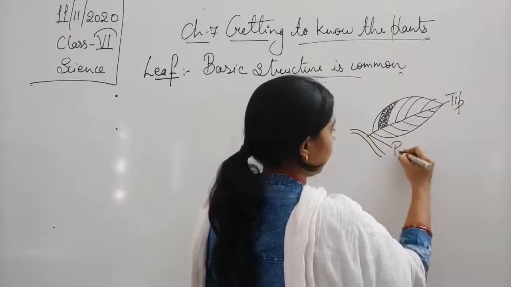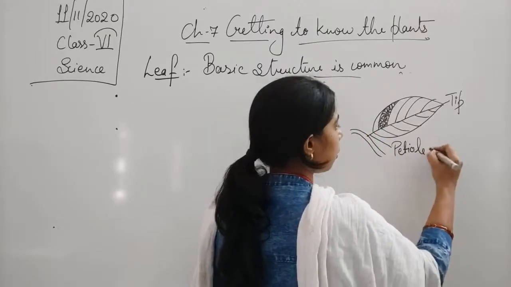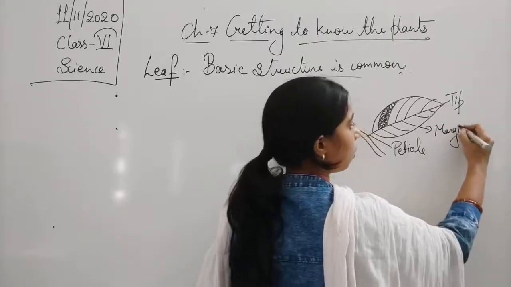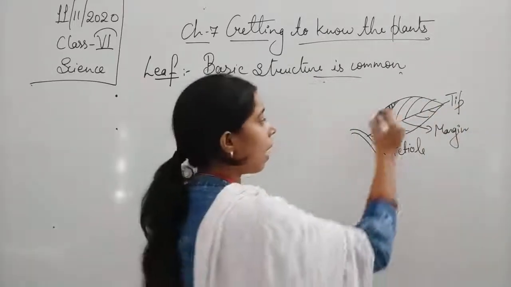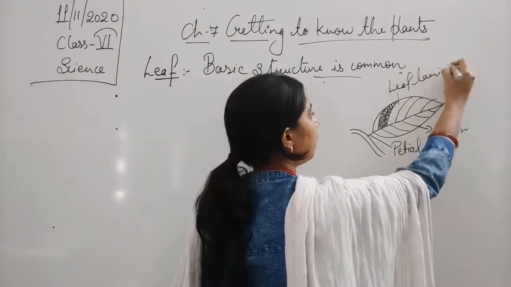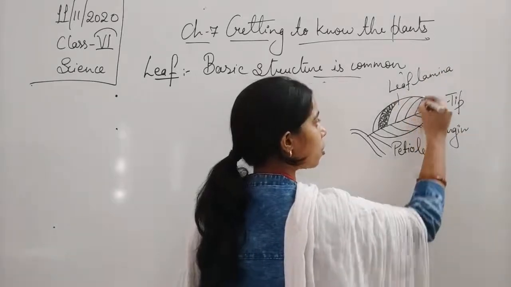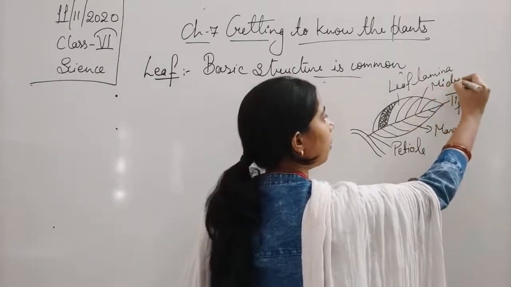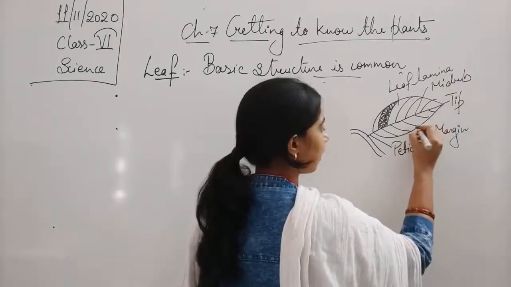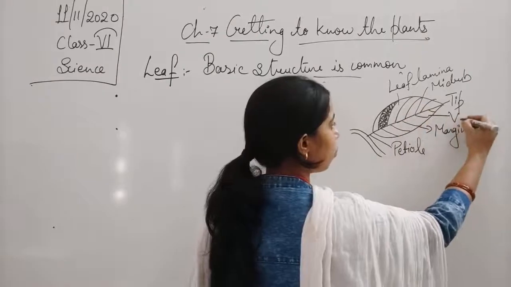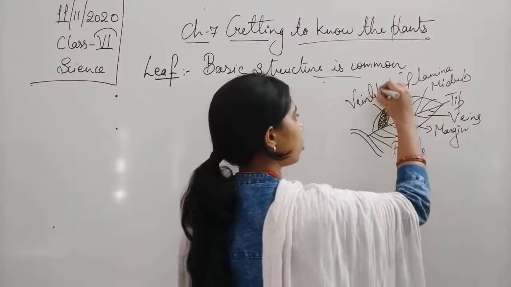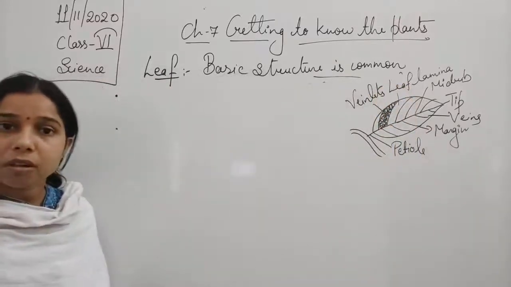This is the petiole. This is the margin. Okay, this is the margin and this whole portion is known as the leaf lamina. In the leaf lamina, this is the mid portion, that is known as the midrib. And here this veins-like structure, that is known as the veins. So these are the different parts of the leaves.